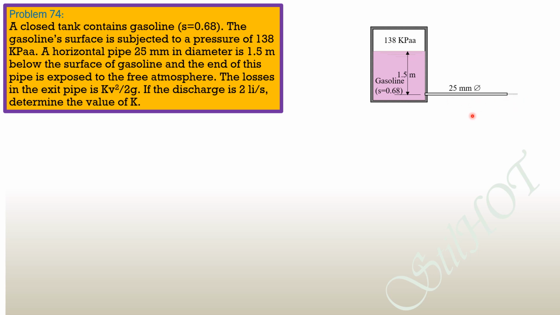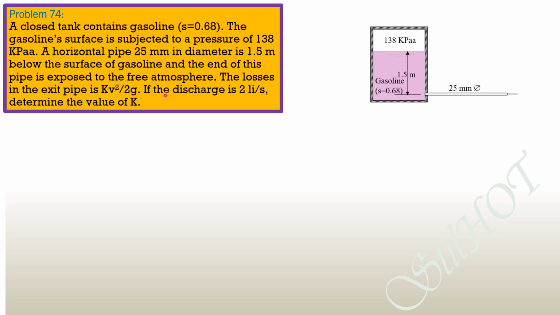The loss in the exit pipe is given by this expression, loss coefficient times velocity head in the pipe. Then if the discharge is 2 liters per second, determine the value of K. So we can compute the value of velocity, then the velocity head.